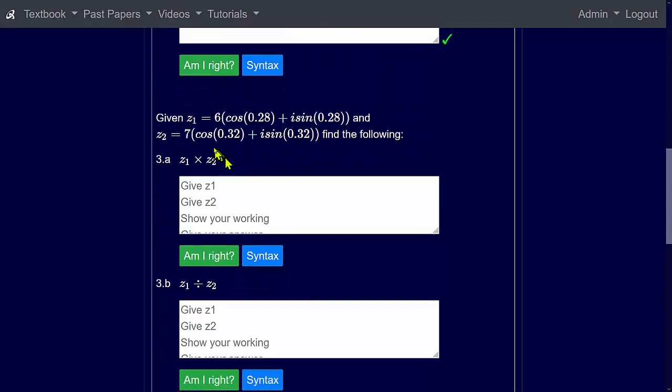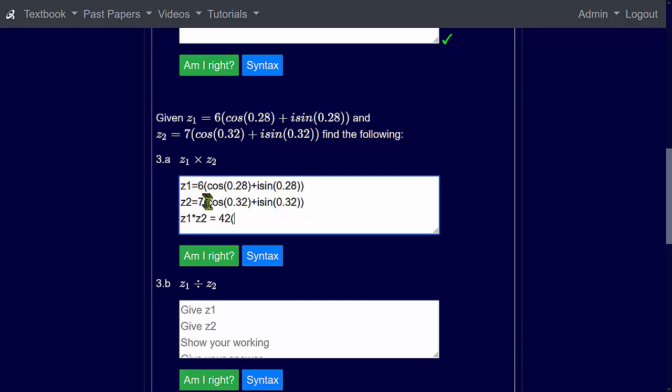Okay, right, we're now using the cos plus i sine form of the expressions. So we'll give Z1, we'll give Z2, and we want Z1 times Z2 equals, these are nice and easy, 6 times 7 is 42, brackets.